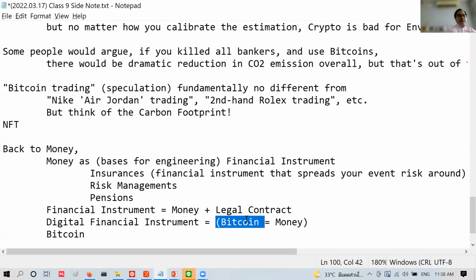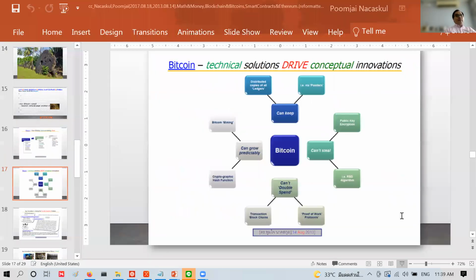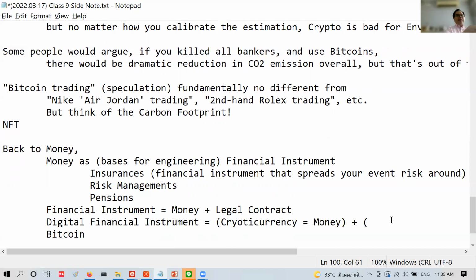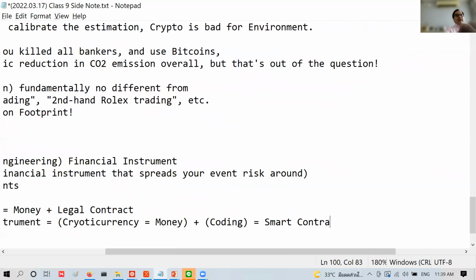So let's say cryptocurrency is money plus some code. Now, this code could be something like coding equal to Ethereum smart contract.